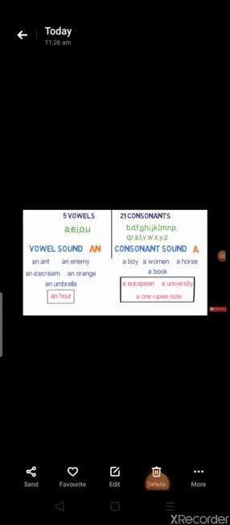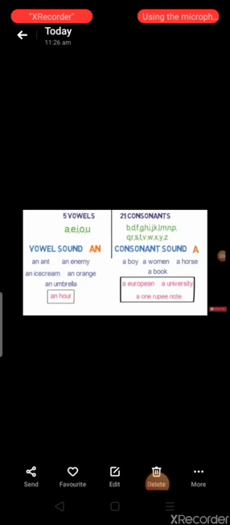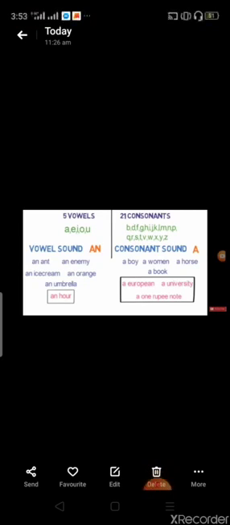As you all know, we have 5 vowels. But in English, there are 21 vowel sounds: 8 short vowel sounds, 5 long vowel sounds, and 8 diphthong vowel sounds.